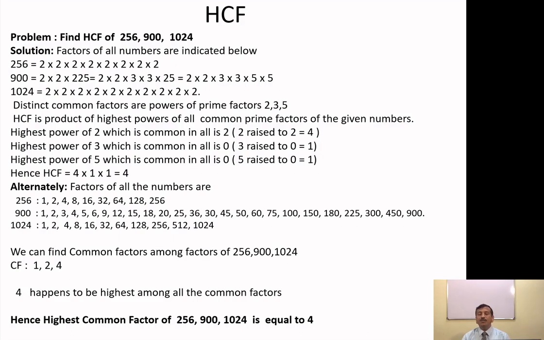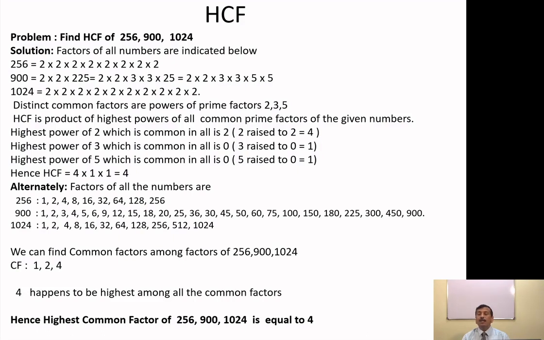Highest power of 3 which is common in all: if you look at it, there is no factor 3 in 256, so practically it is 3 to the power 0. In 900, there is a factor 3 to the power 2. In 1024, there is no factor 3, so 3 to the power 0. So we have 3 to the power 0, 3 to the power 2 and 3 to the power 0.